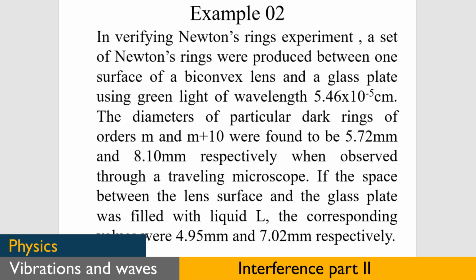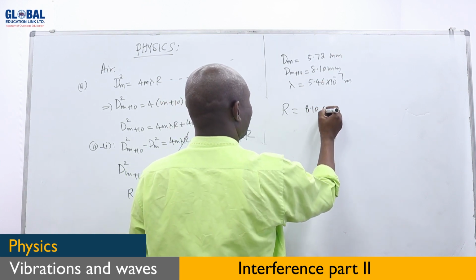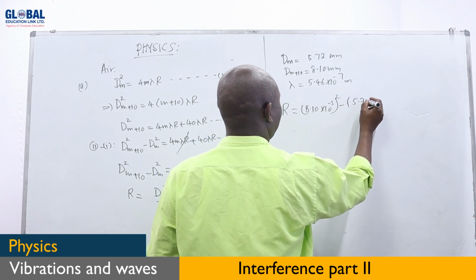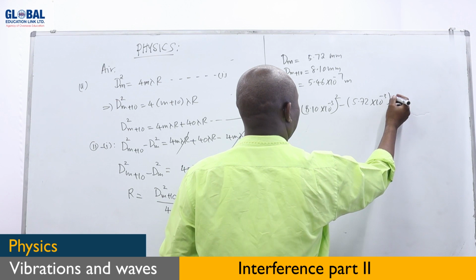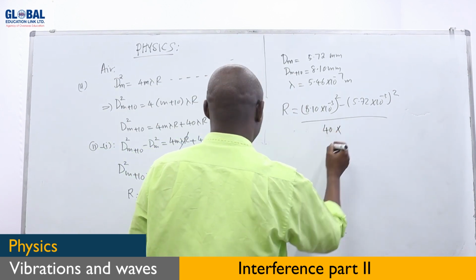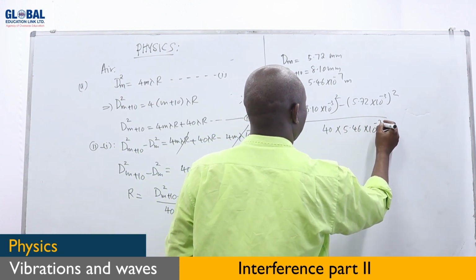The wavelength is given as 5.46 times 10 to the negative 7 meters when converted into meters. So if you plug in the values, R equals (8.1 times 10 to the negative 3) squared minus (5.72 times 10 to the negative 3) squared, divided by 40 times λ, where λ is 5.46 times 10 to the negative 7.